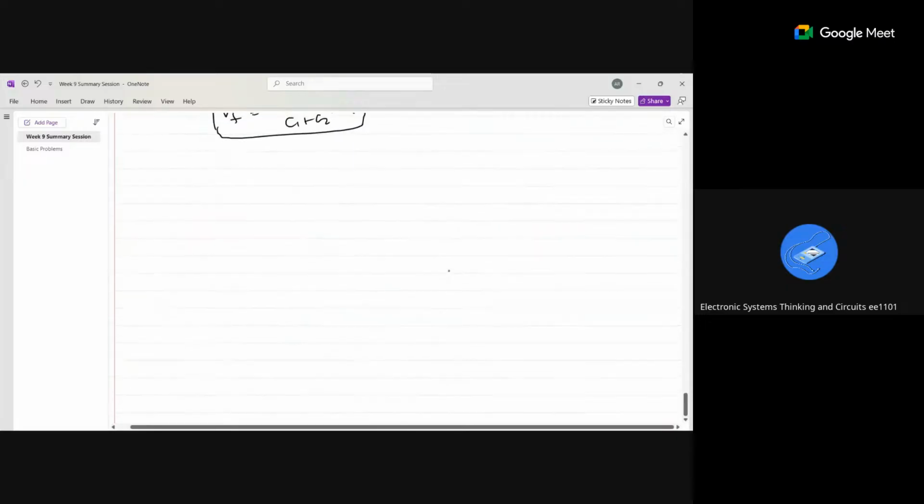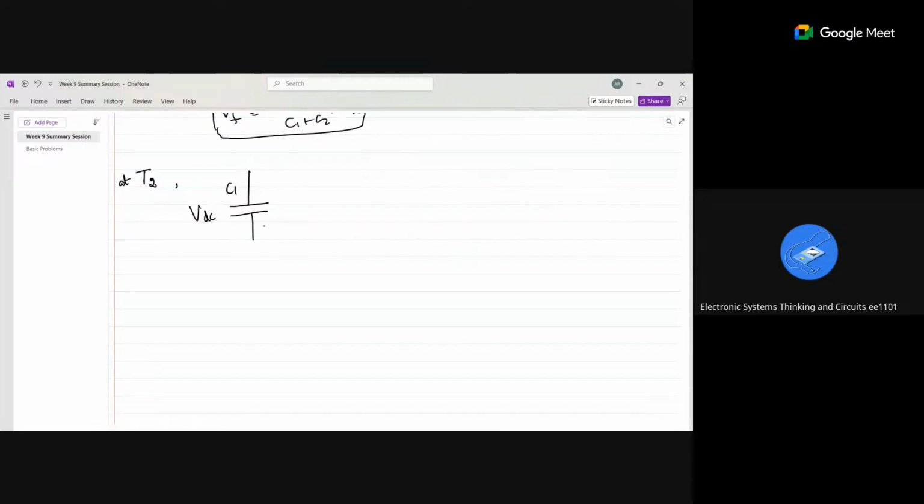So I can write it as, at time T2, here it is VDC across C1 to ground, and C2, the voltage is initially 0. Okay, so this is how it is. Is it clear?